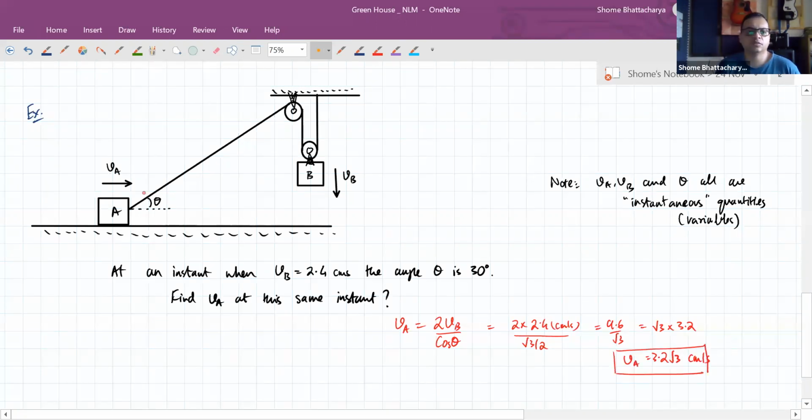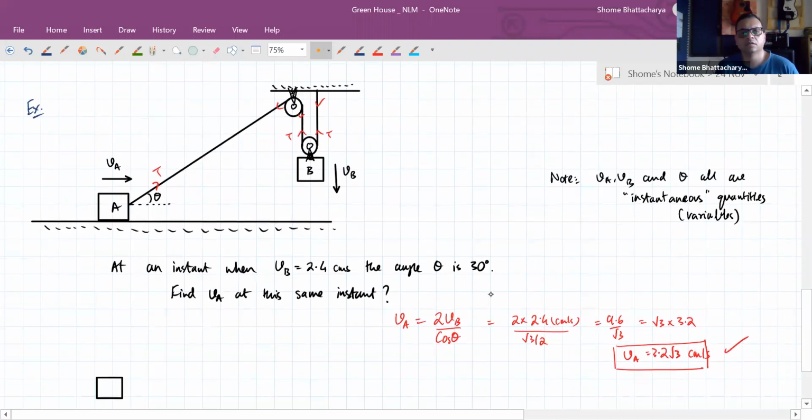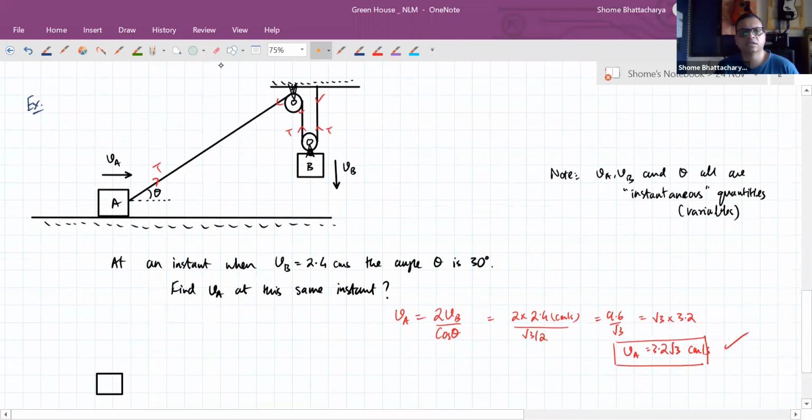So let's see how we get this relation. Tension is acting like this over here, and the same magnitude of tension is acting like this. When you observe the block A, on that block your tension is acting at an angle theta to the velocity.